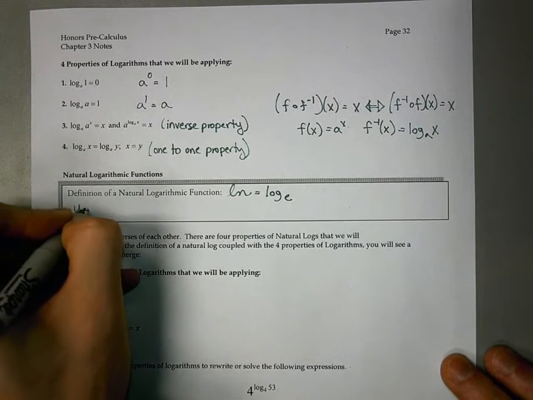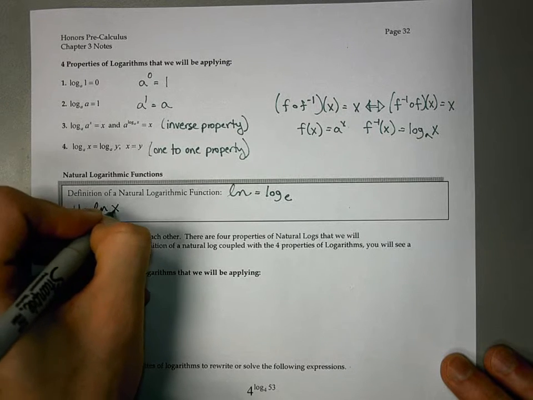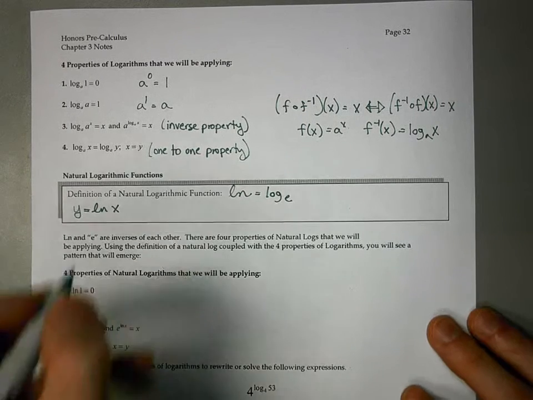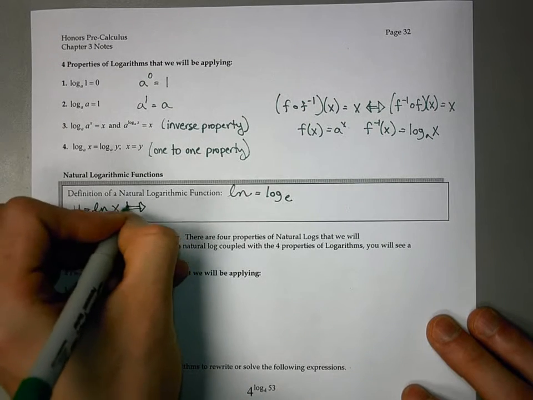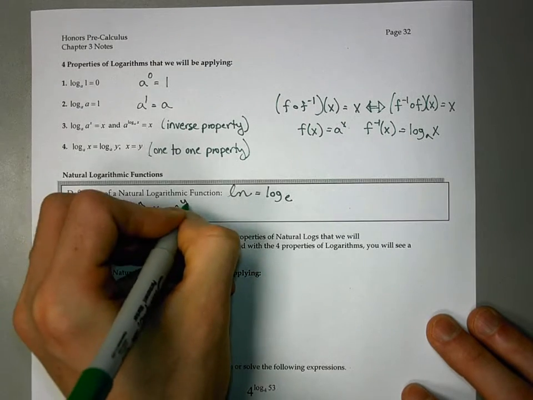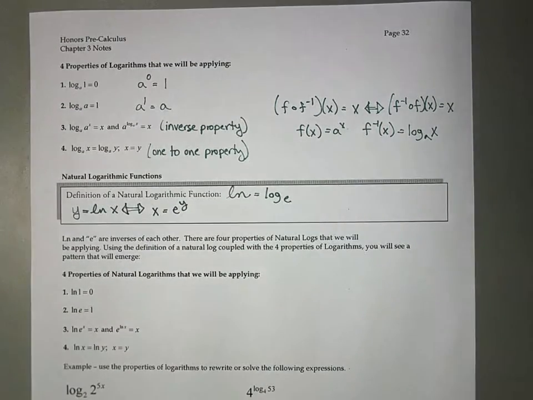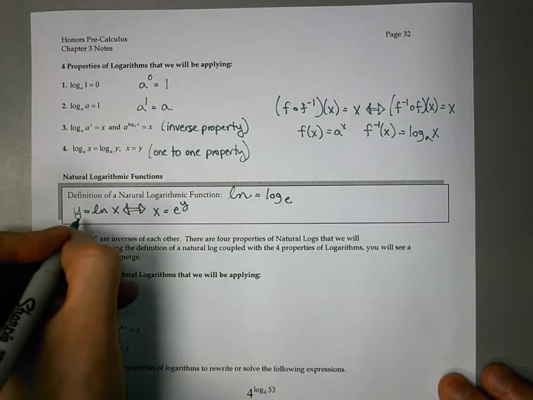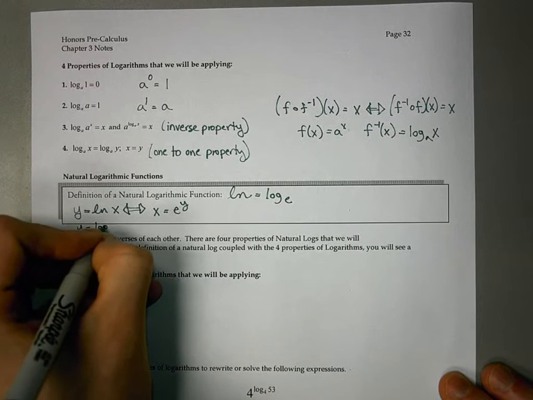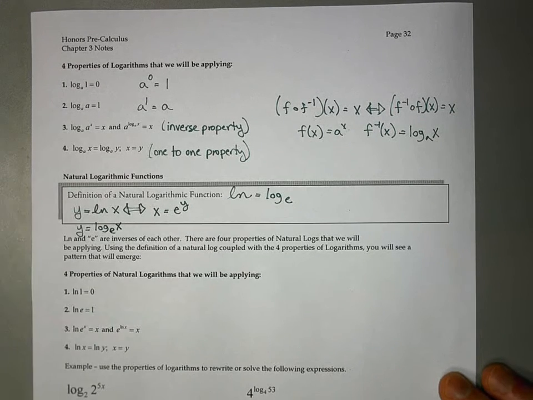So I can apply my same definitions for the natural logarithmic function that I had for the exponential. And that's if y is equal to the ln of x, I can convert that to exponential form by saying x equals e to the y. Once again, if you get confused by that notation, realize here that this y equals ln of x is the same thing as y equals log base e of x.